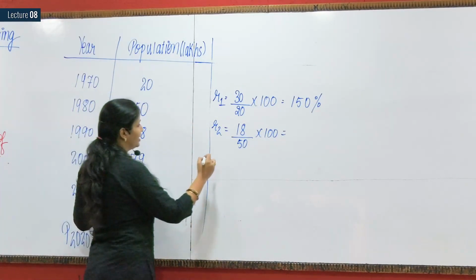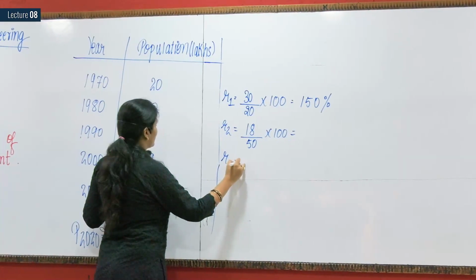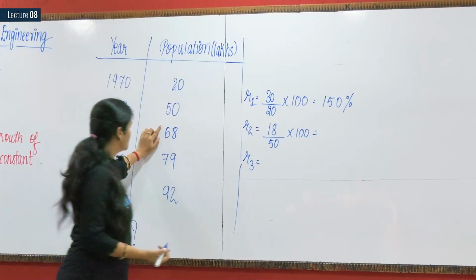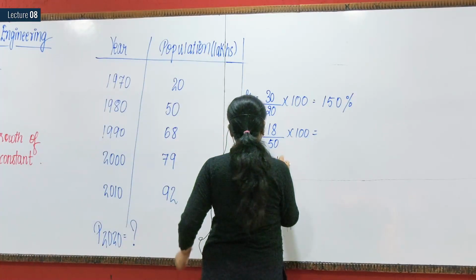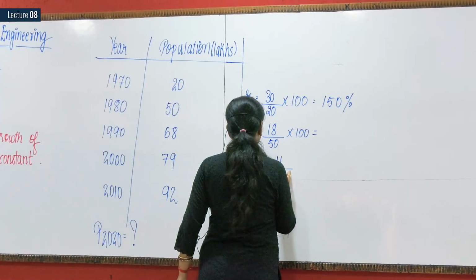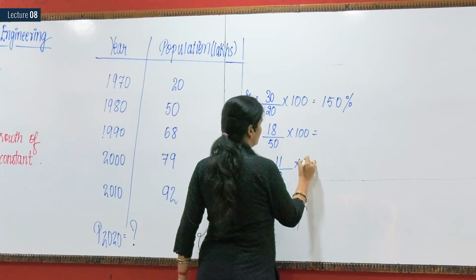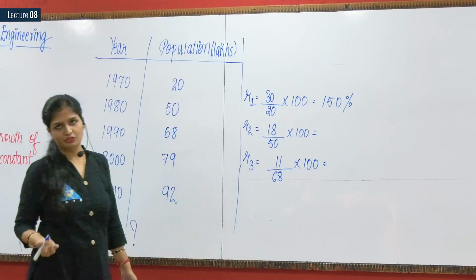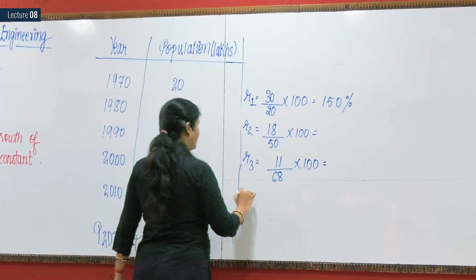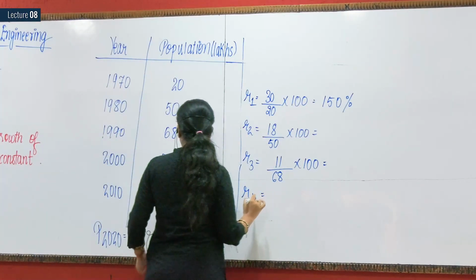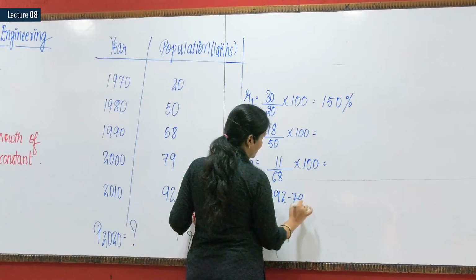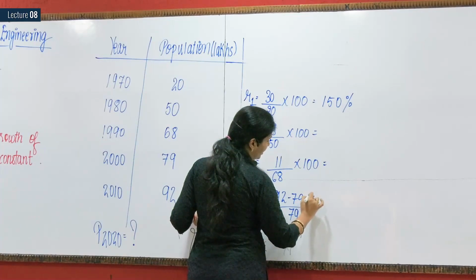Similarly, you can calculate R3, that is 79 minus 68, which is 11, with respect to 68 into 100, because we are calculating the percentage rate of growth. Similarly, R4 is 92 minus 79 divided by 79 into 100.